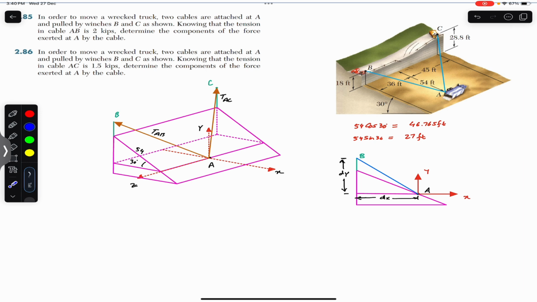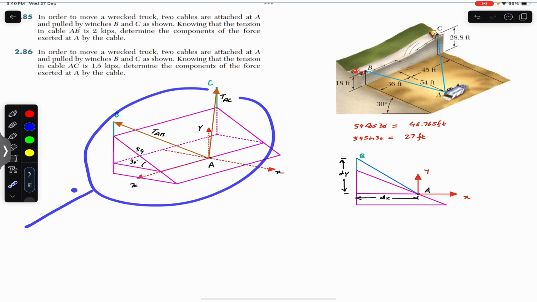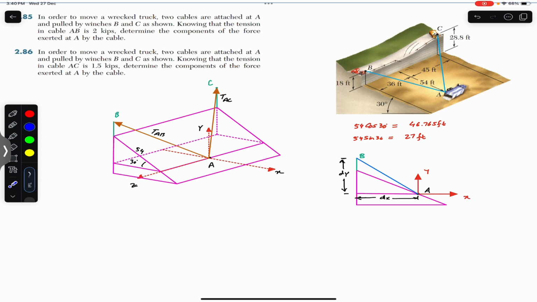Now, if we look into this diagram from the side, this is our side view, and we can see that this is my point A, and this is the x-axis, and the y-axis is perpendicular, and the z-axis is out of the screen. And somewhere here is our point B, and this blue line represents that cable AB.